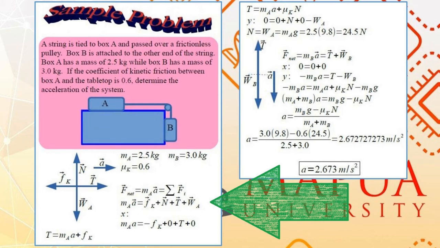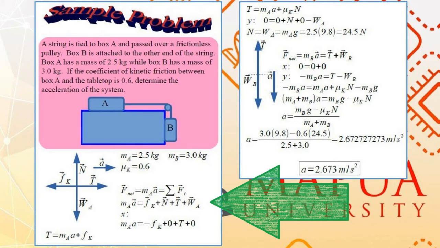Analyzing first the free body diagram for object A, you have weight A vertically downward and normal force vertically upward. This time, the system is already moving, so instead of static friction, you have kinetic friction heading to the left and tension heading to the right, and A is accelerating to the right.